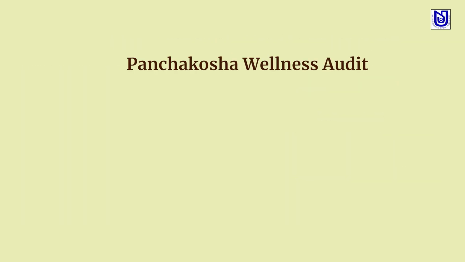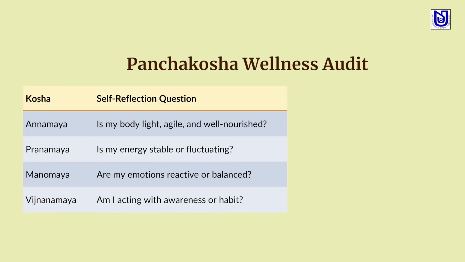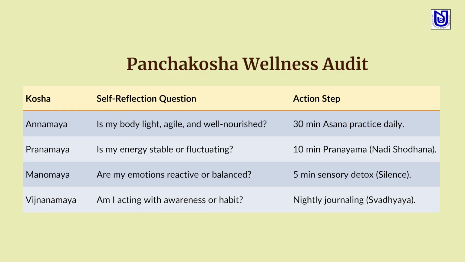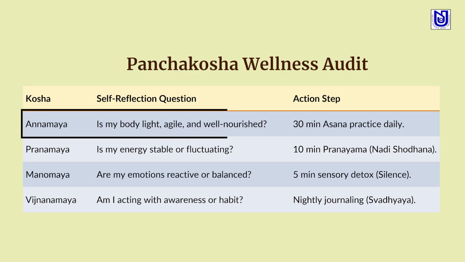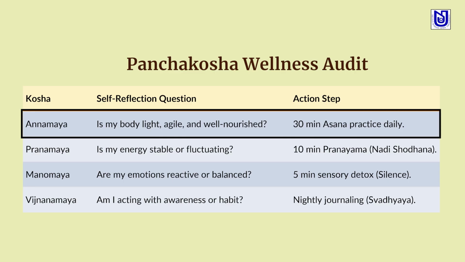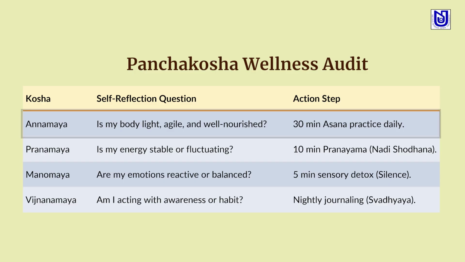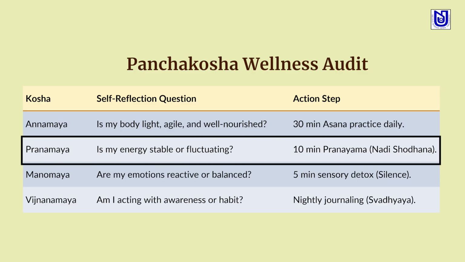If we are to make a wellness audit, then it is clear that simple actions can help us achieve wellness through the Panchakosha. Say for example, a 30-minute asana daily practice can help balance the Annamaya Kosha. A 10 to 15-minute pranayama or Nadi Shodhana practice can help us balance the Pranamaya Kosha.